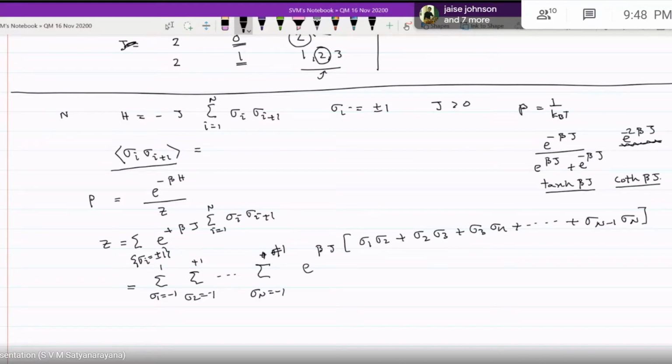So supposing I do the summation over sigma 1, there are two possibilities, no? e to the power plus or minus sigma 2.